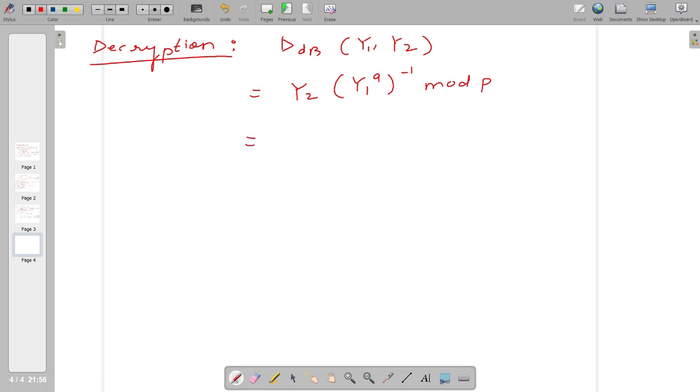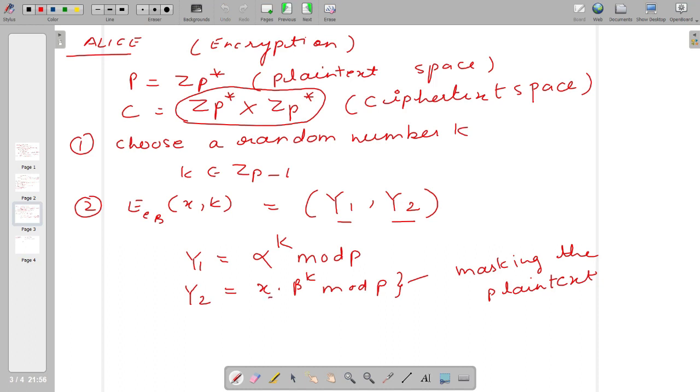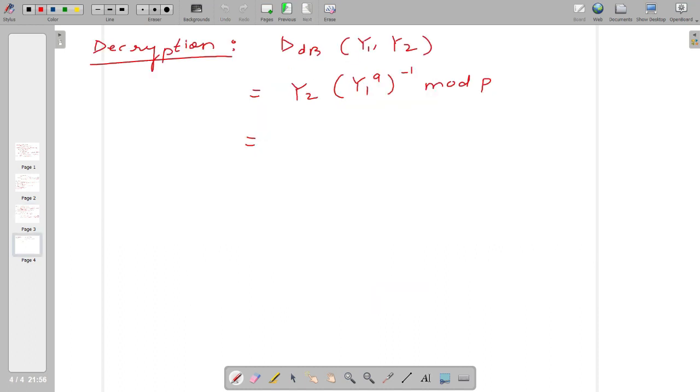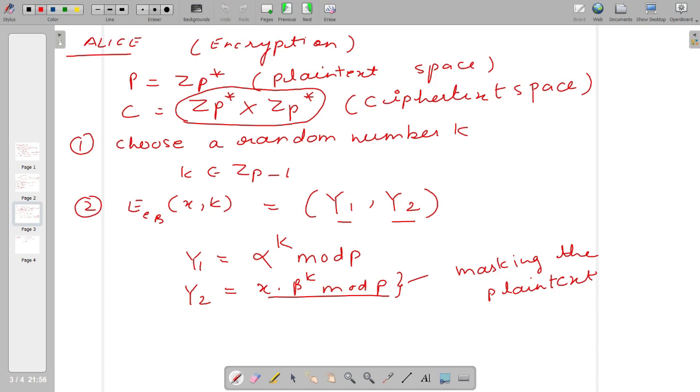If you check, y2 is x times beta to the power k mod P. So let me write x times beta to the power k. And what is y1 to the power A? y1 is alpha to the power k mod P, and y1 to the power A is beta to the power k.